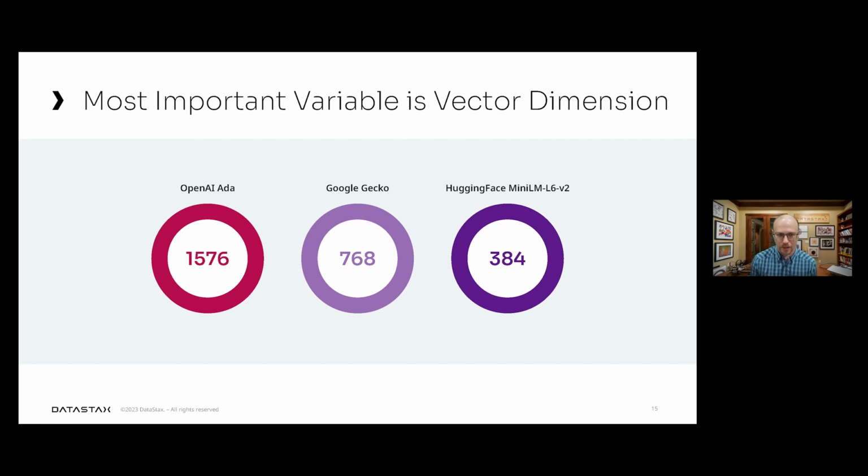I've got one more model on this page, and that's the Mini LM L6 model from Hugging Face, and that's half the size yet again of the Gecko model. Here is where we do start to see worse performance on the dimension of how good is it at distinguishing these pieces of text.